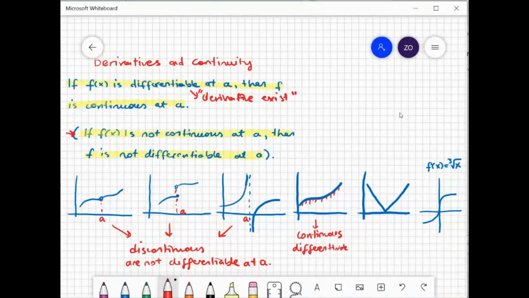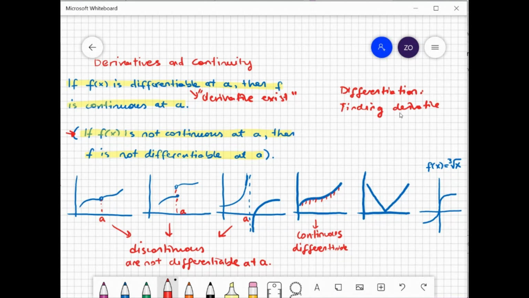Taking the derivative we call differentiate. So differentiating a function means taking the derivative. Differentiation is finding the derivative. So this case is an example of a continuous function which is differentiable.